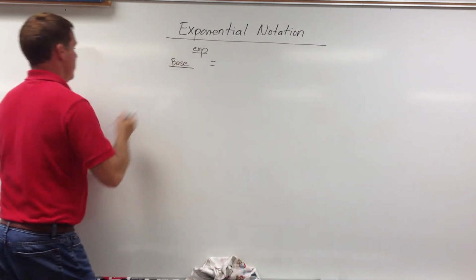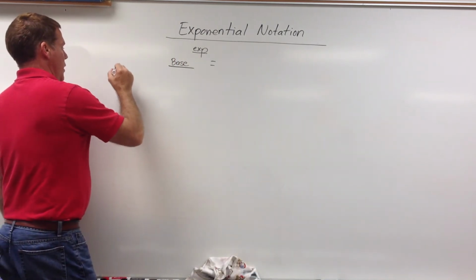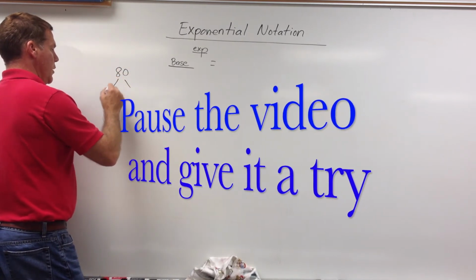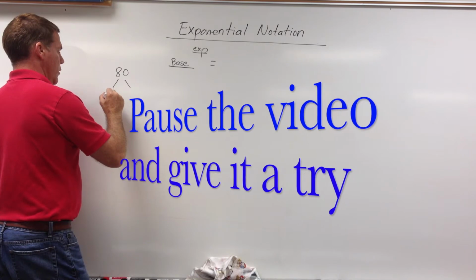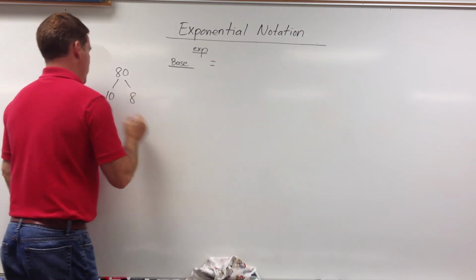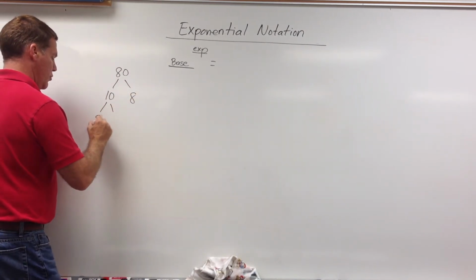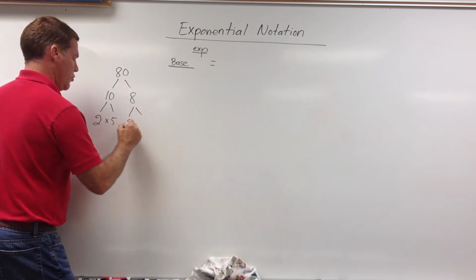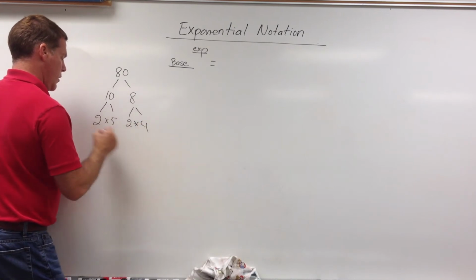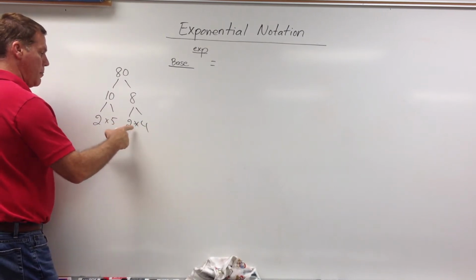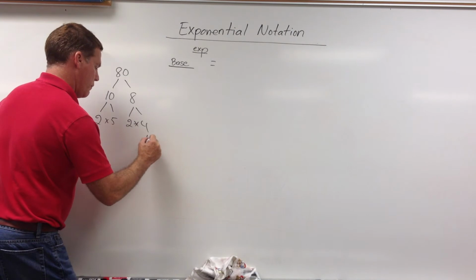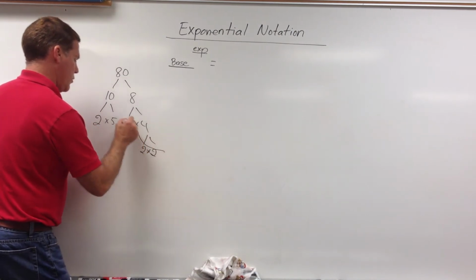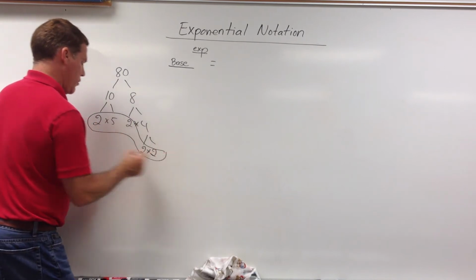One more quick number. Let's try 80. 80 is equal to 10 times 8. 10 is equal to 2 times 5. 8 is equal to 2 times 4. Prime number, I stop. That's a prime number. I just need to continue with the 4. That is 2 times 2. So here are my ending numbers.